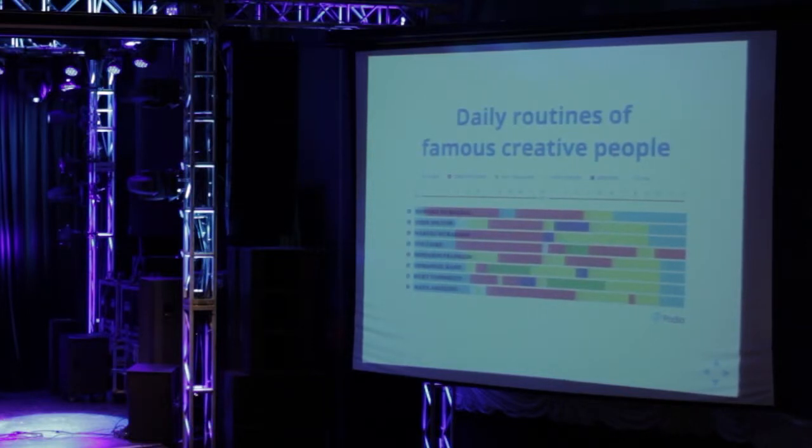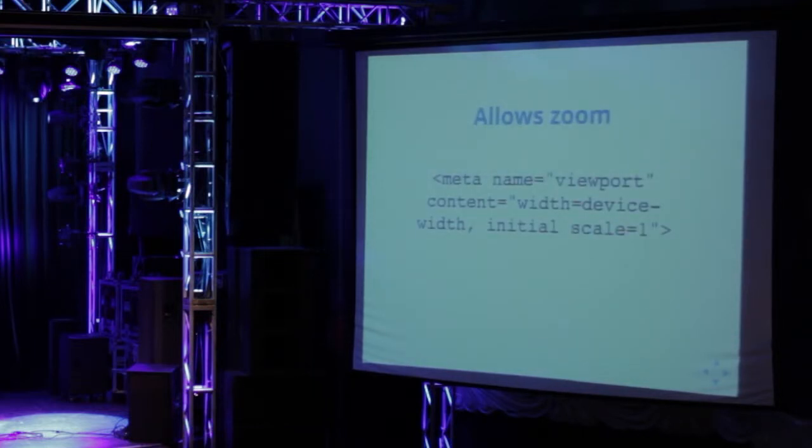So let's take a look at this chart by Podio that visualizes the daily routines of famous creative people. The legend up top shows that different color swatches stand for certain activity types. So we have teal standing for sleep, and we have salmon standing for creative work. We'll look at this in the context of low vision and colorblindness to see if it passes some accessibility tests.